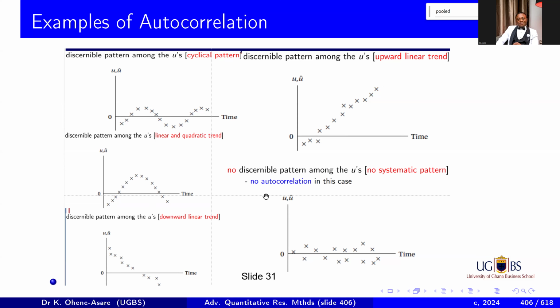But look at this last one here. There is no clear autocorrelation in this case because you can't say that this thing is rising and falling in any way. It rises, it falls, it flattens, it rises, it falls. There's no clear pattern.